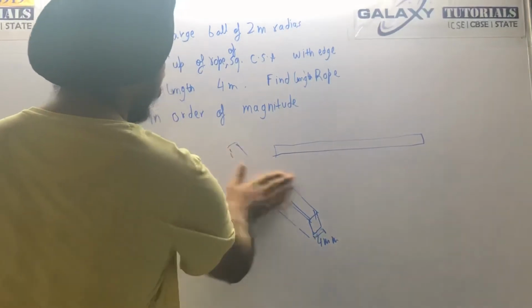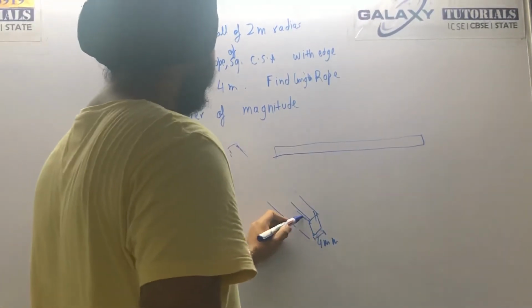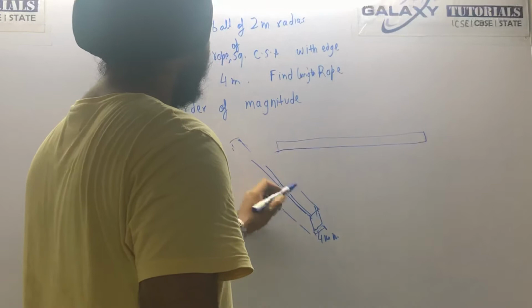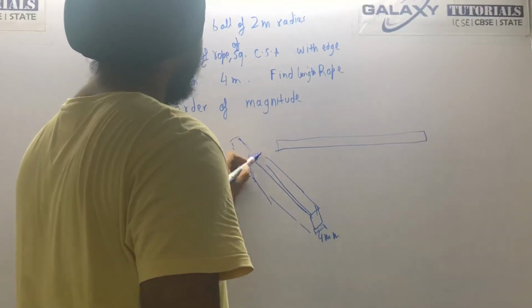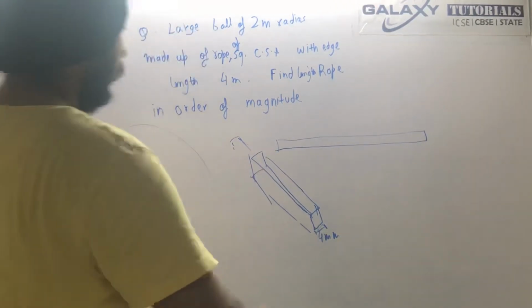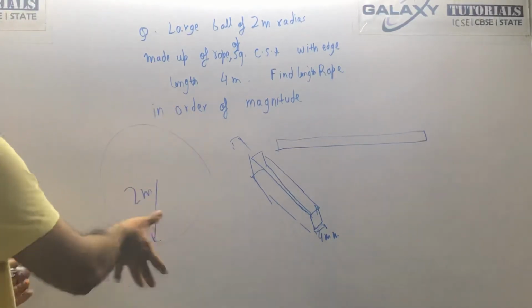Okay, so what we have to find out is, they have told us that they have folded this rope into the form of a ball.